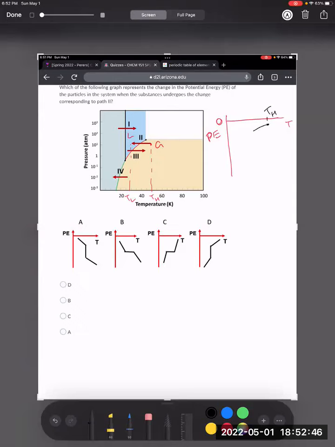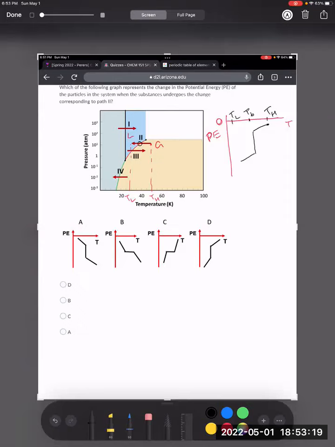During the phase transition, that is when it crosses the boundary over here, the temperature remains the same, but there will be a decrease in the potential energy. So let's call this the boiling temperature of the substance, or the condensing temperature of the substance. Once everything is converted to liquid, then when you change the temperature, the potential energy changes slightly like this, and therefore this should be my T lowest.